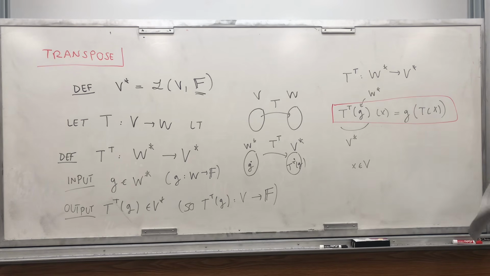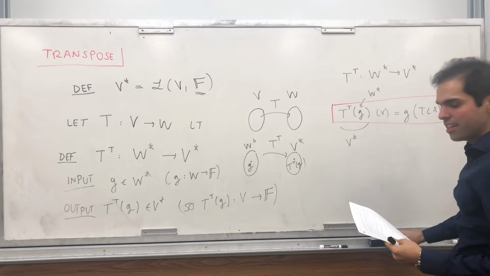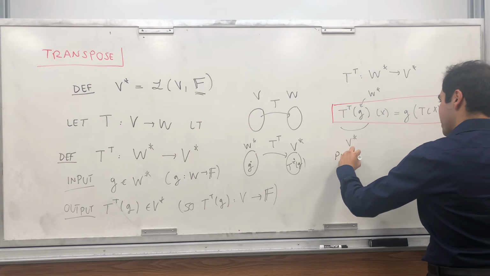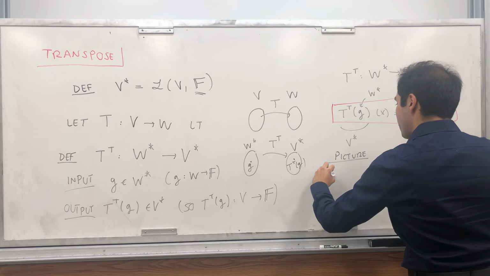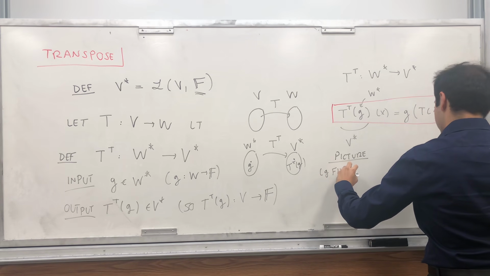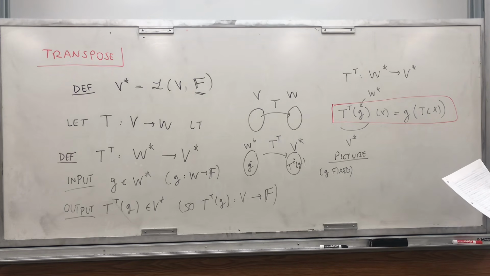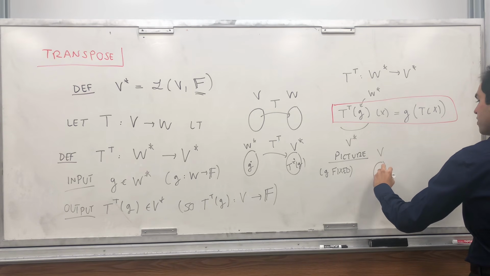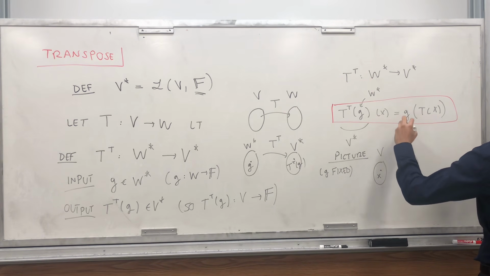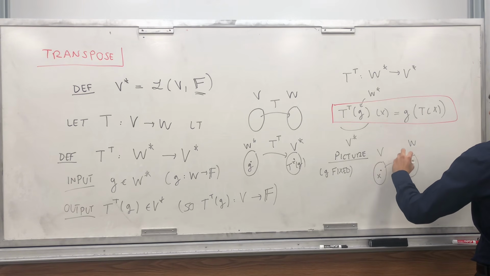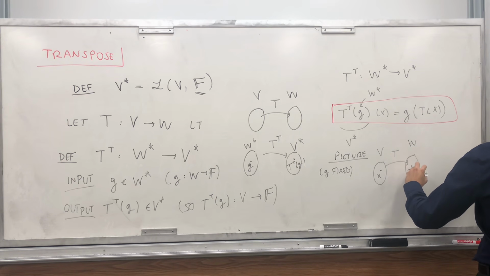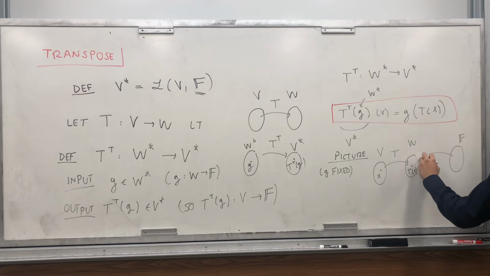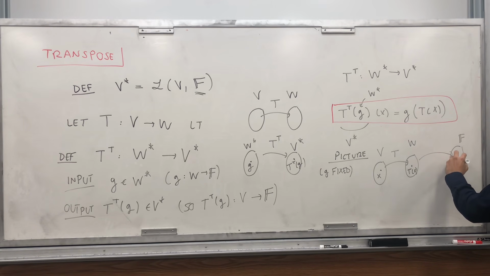Okay, but just to give you a picture, suppose G is fixed. If you fix G, then what does this look like? Well, there are two ways of going from V to F. On the one hand, you can go through W. So x is in V. Then, using T, you can get a vector T of x. And then using G, you can then get G of T of x.